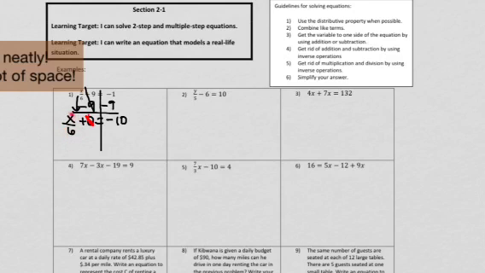So to get rid of division, I have to do the inverse operation, which is multiplication. So I'm going to multiply both sides by 6. When I multiply 6 times x over 6, the 6's cancel out to be a 1.